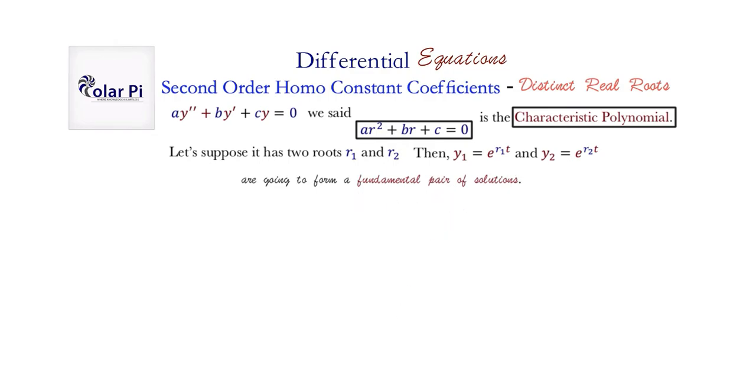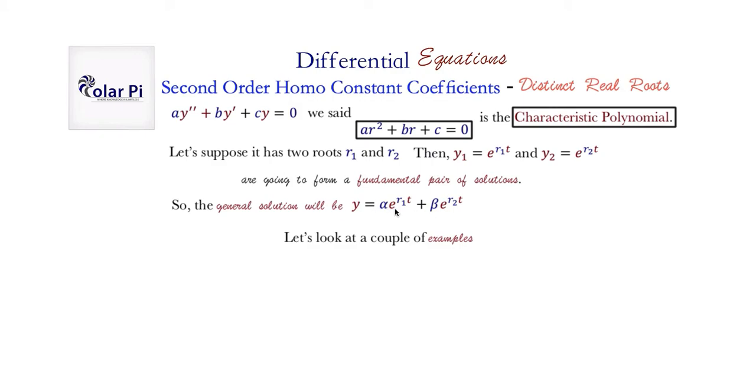It's in the final video on the one real root to the quadratic that we will have to do a little bit of trickery, because the solution will be the same in y1 and y2, and therefore they won't form a fundamental pair, although that is not the only reason why you don't form a fundamental pair. That is, you don't need to be identical in order to not be a fundamental pair.